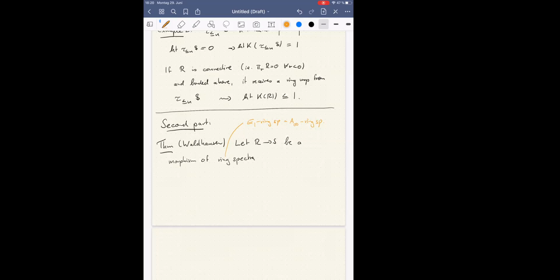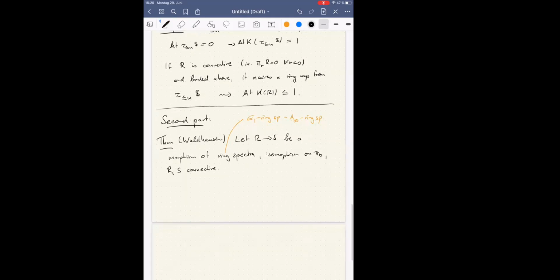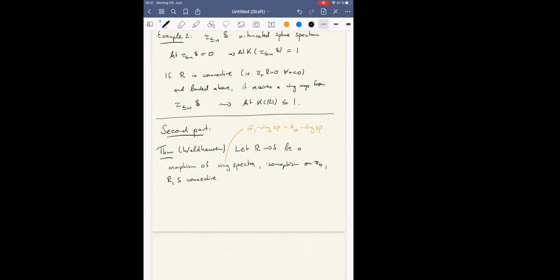I think we can't see what you're writing now. Oh, sorry. It's apparently okay. There's quite some lag involved. Okay, now it's there. So the map on pi_0 of R and S is an isomorphism, and both are connective.